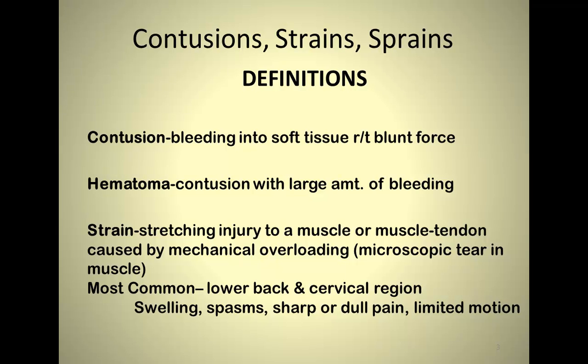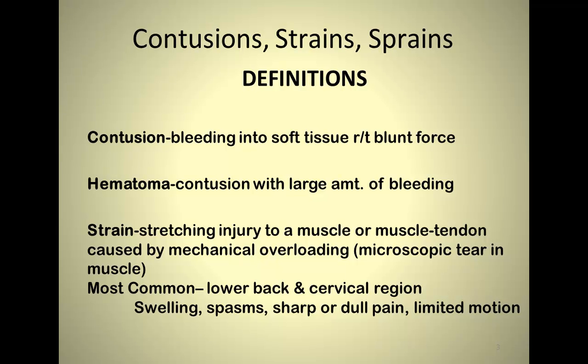Strains, those are the stretching of the injury to a muscle or a muscle tendon. It's caused by mechanical overloading. It can cause little microscopic tears, and you can run into long-term or chronic problems because those tears try to heal and they don't heal right, or it overstretches.